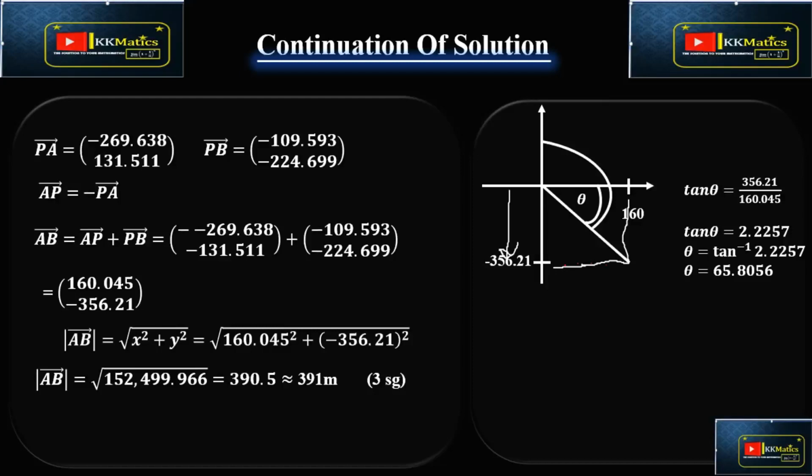So here we have that, and the 160. Just keep in mind this is the x value, the same as the x value. So if this is 160, then keep in mind that this is also 160, because opposite sides are equal. And this side that you see here, which is the y-axis, this side is equal to that side.